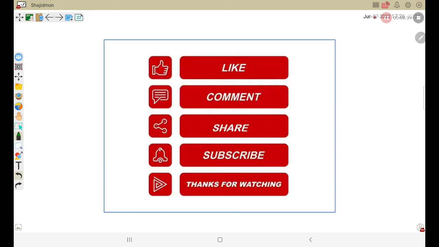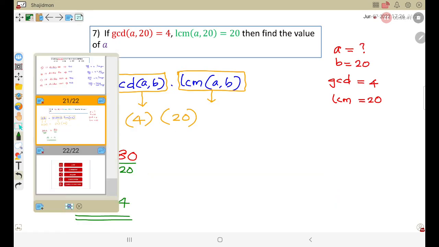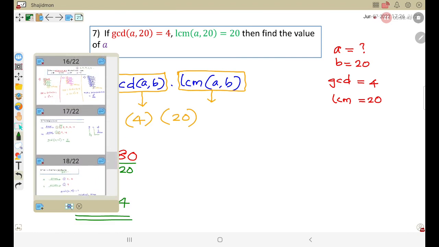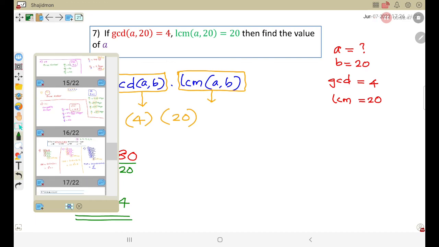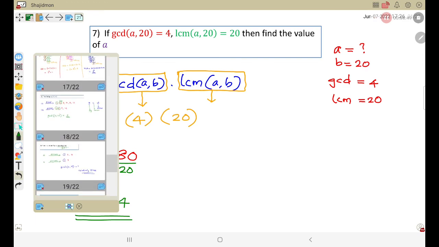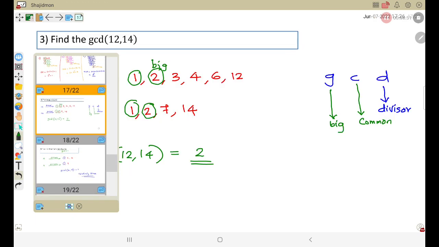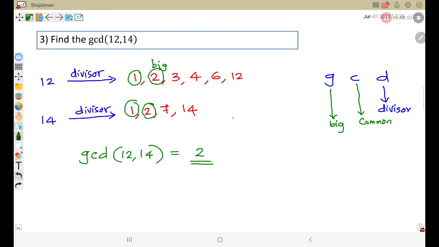Okay, all the questions we did here, especially this GCD finding question. GCD finding questions we will study more in the next section, 4.4. We will discuss later, like this question, GCD of 2 numbers. We will study more using the Euclidean algorithm. We will study that later for finding GCD of 2 numbers, because for this question, GCD of 12 and 14, we can do it only with small numbers, like 12, 14, 15.